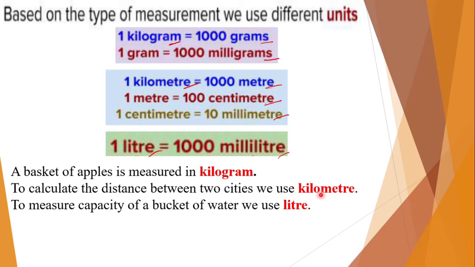We can use kilometers to measure between two places, two cities or two countries. And to measure the capacity of a bucket of water, we use liters. Or a bucket of oil, there also we will use liters.